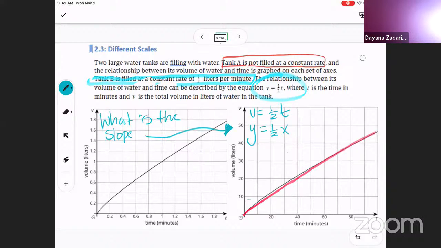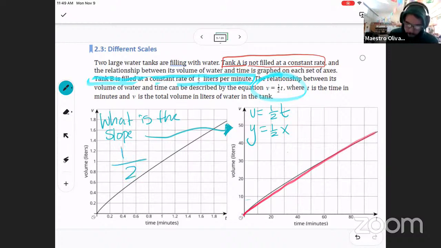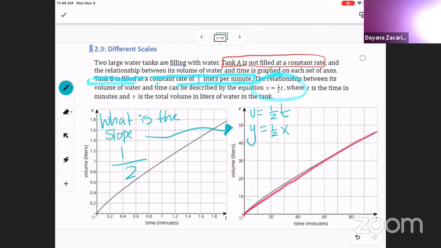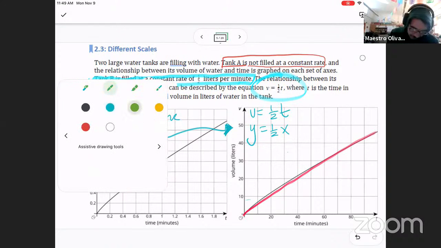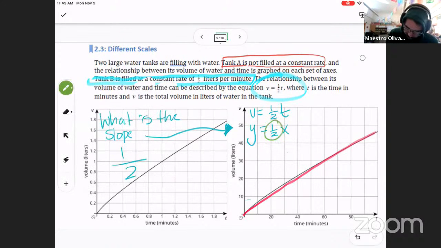Half. It's a half. Diana, how do you know it's a half? Porque ahí está. Because the number in front of the x is always your slope. Kathy, ¿qué ibas a decir tú? Nada.